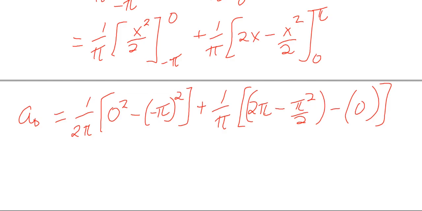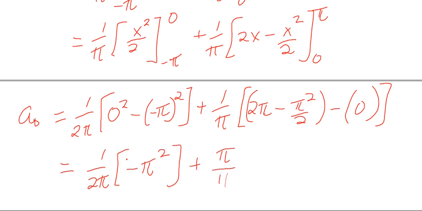So we can now simplify this. The first value here, we have 1 over 2 pi. Then this will be minus pi squared. We can factor out pi in the second interval here. So we have pi divided by pi. Then we get 2 minus pi over 2.